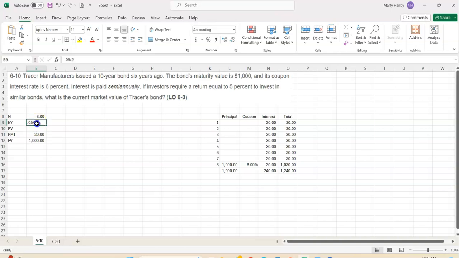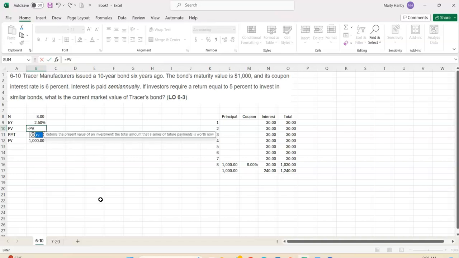So I've got my equal sign. Equals 0.05 divided by 2. And then in this case it would be equals PV. Again, we've got the present value of a lump sum, and a present value of an annuity. So PV, our rate, the 2.5%, the number of periods, 8.